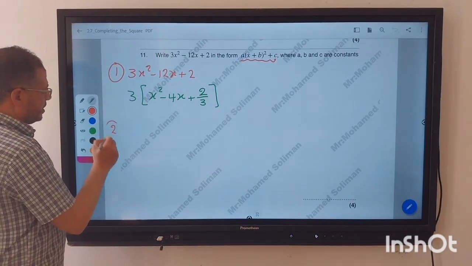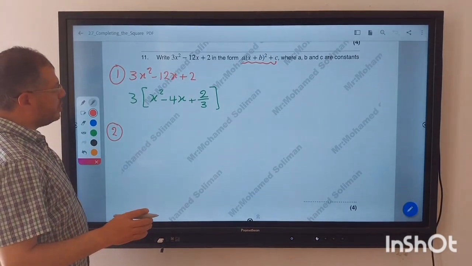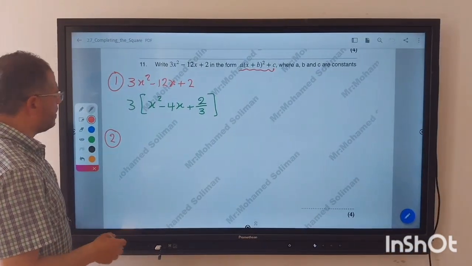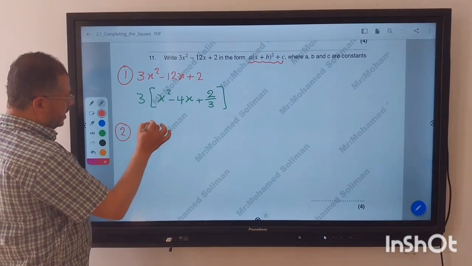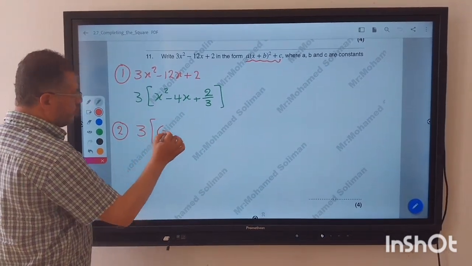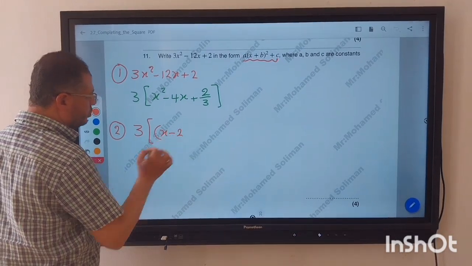Second step. We will plug in the values in the form of completing the square. Don't forget to put 3 here, so it will be 3 and open bracket, then small bracket. I have here x, and negative 4 divided by 2, it will be minus 2.